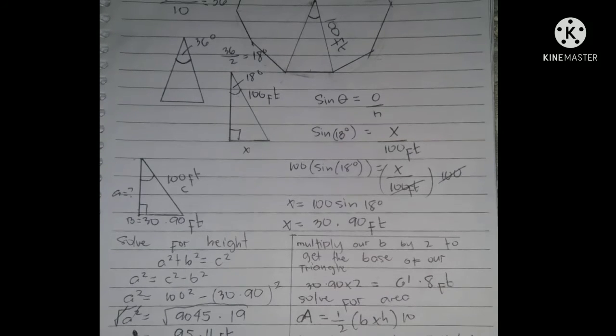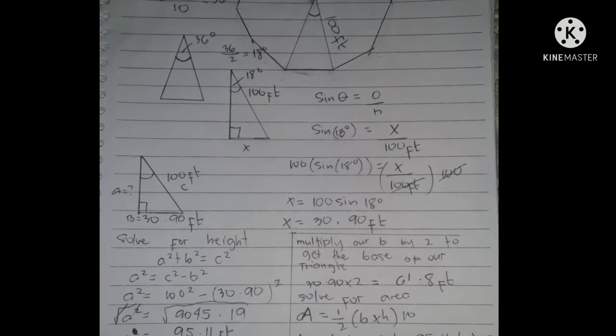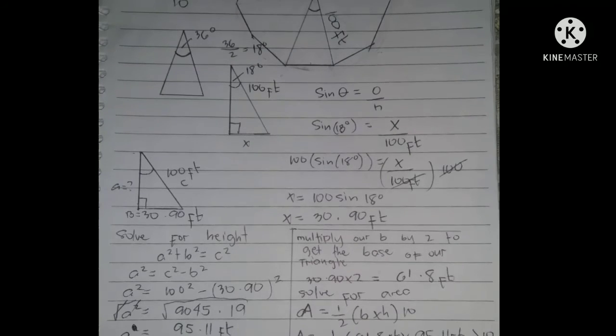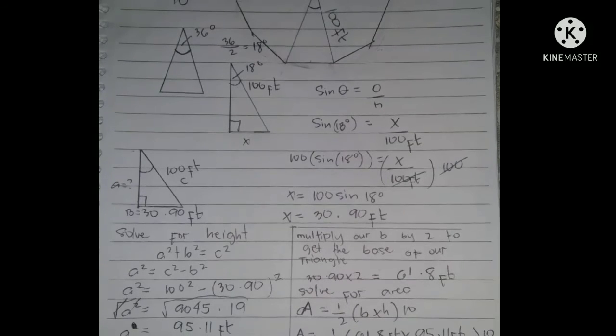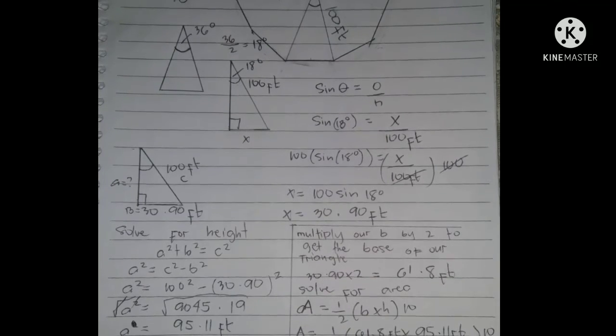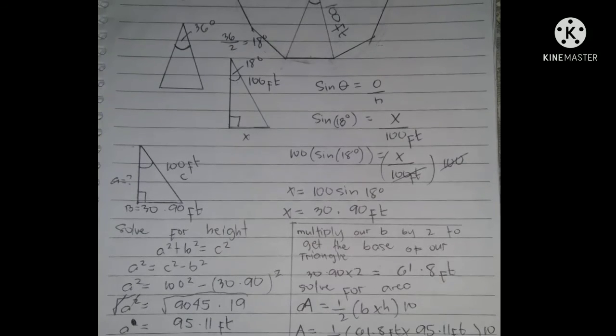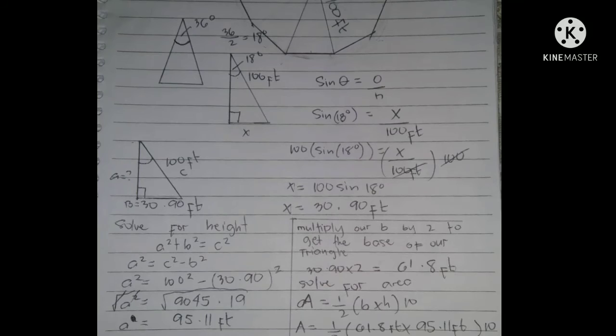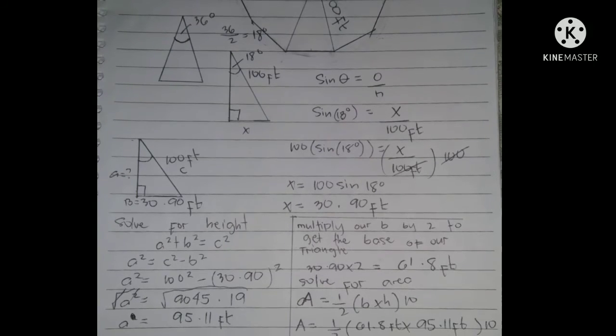Then let's multiply both sides by 100 feet to cancel out. So now we have x equals 100 feet times sine 18 degrees. So our x is equal to 30.90 feet. Just calculate it in a calculator. So our opposite is equal to 30.90 feet.